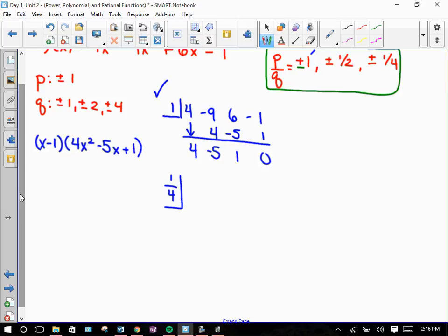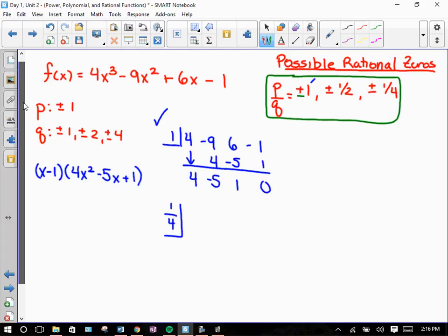Now, here's another thing. When you do synthetic division for the second time, it is important that you do not use the original coefficients. You can, but it's not going to help you at all. It's still going to tell you that this is a 0, but it doesn't decompose, it doesn't break down the polynomial.